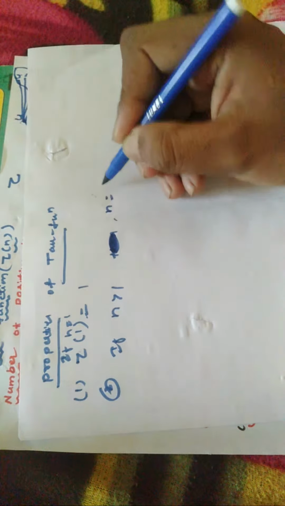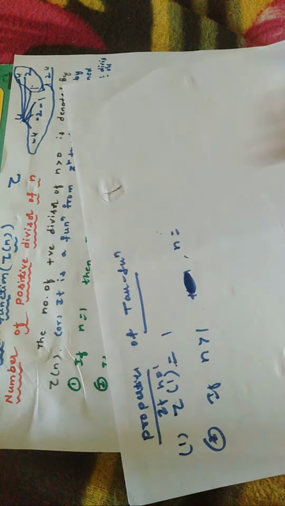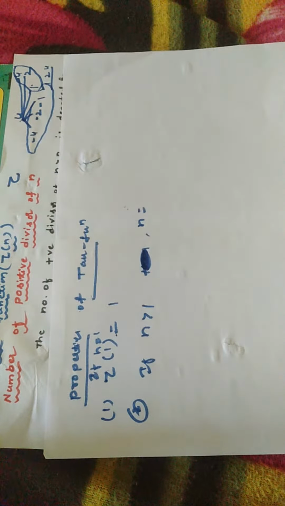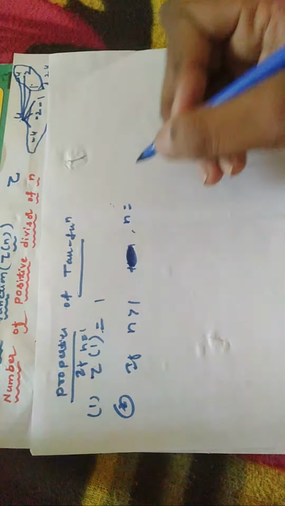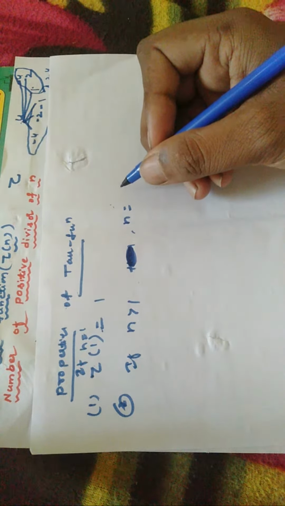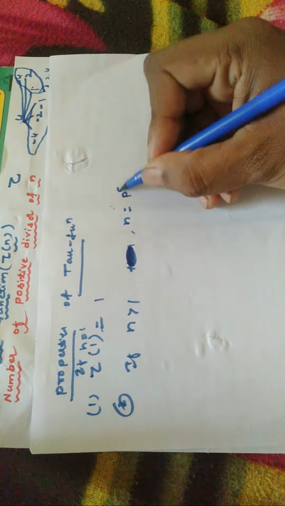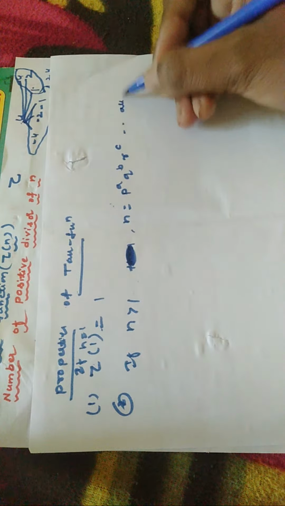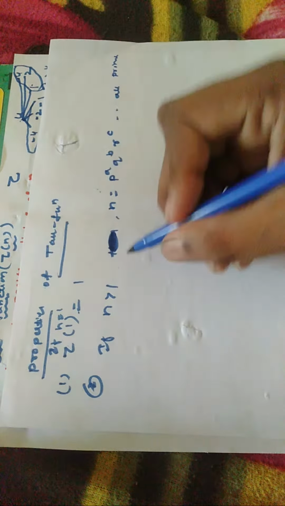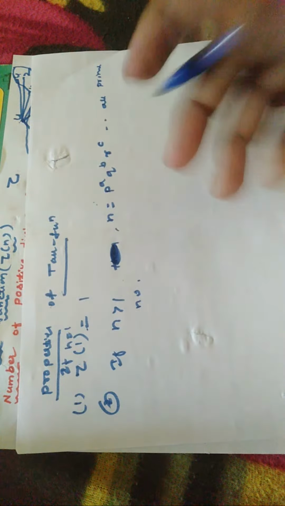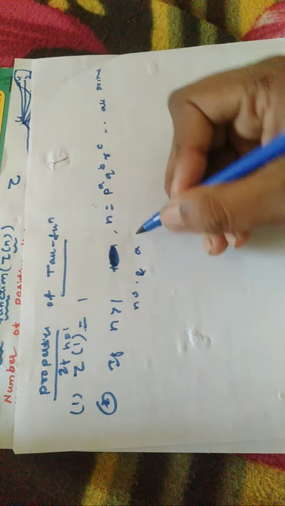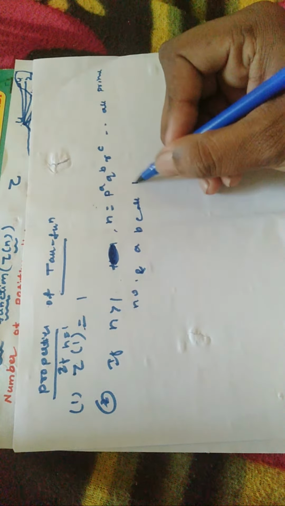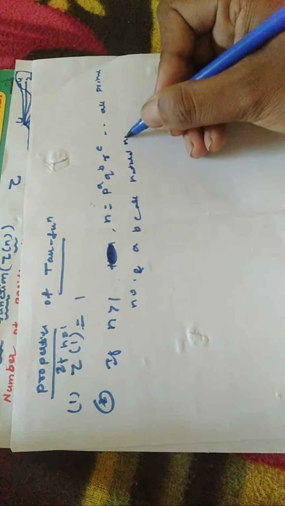We express the natural number in prime factors: n is equal to p to the power a, q to the power b, r to the power c, and so on, where p, q, r are prime numbers. We already discussed this in Euler's phi function. And a, b, c are natural numbers.